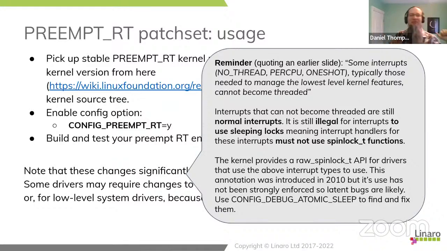So I feel a little bit guilty saying you're using the wrong spinlock API, because until now it's not been enforced. Although the raw spinlock API was introduced in 2010 to solve this problem, and the assumption is that anything that is no-thread, per-CPU or oneshot should be using raw spinlocks instead of regular spinlocks, it was not enforced, it was not well known, it surprises people.